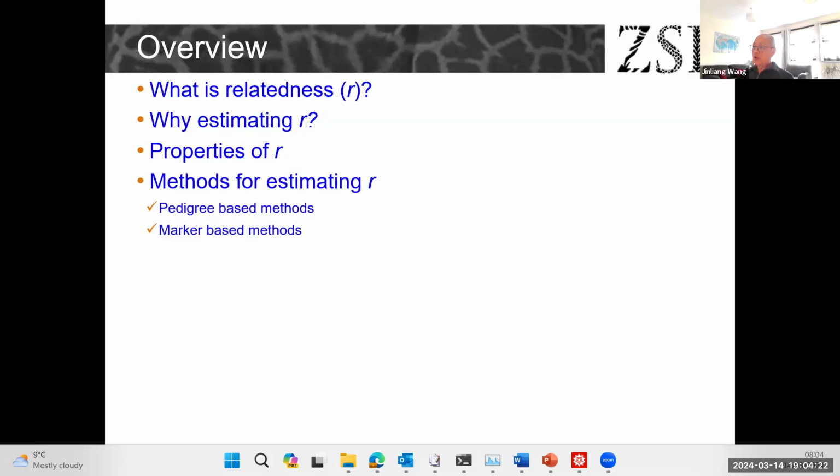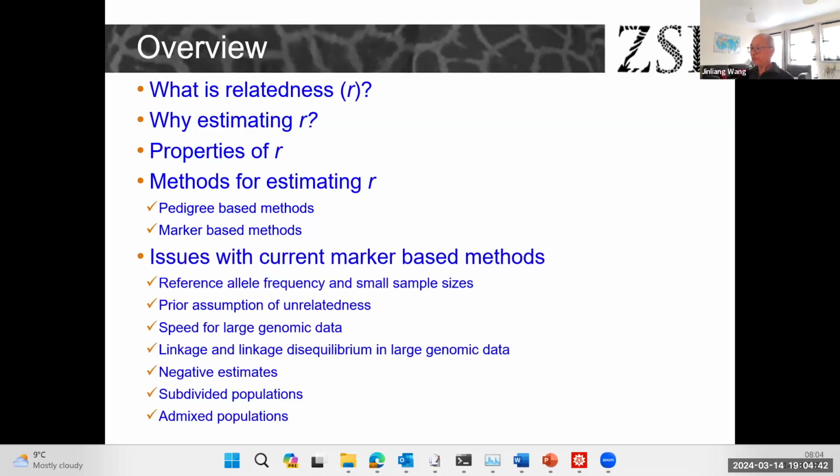And briefly show you the methods available for estimating relatedness. These include pedigree-based methods and marker-based methods. Of course, I will focus on the second part, that is marker-based methods. Now, I briefly discuss with you some of the issues in relatedness estimates from marker data. And hopefully, at the end of the 15 minutes, we get some conclusions.